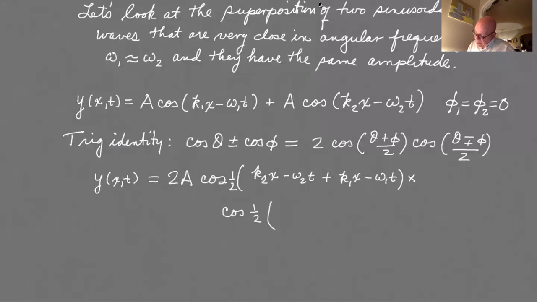That's going to be k2x minus omega 2t minus k1x plus omega 1t after distributing in the negative sign.